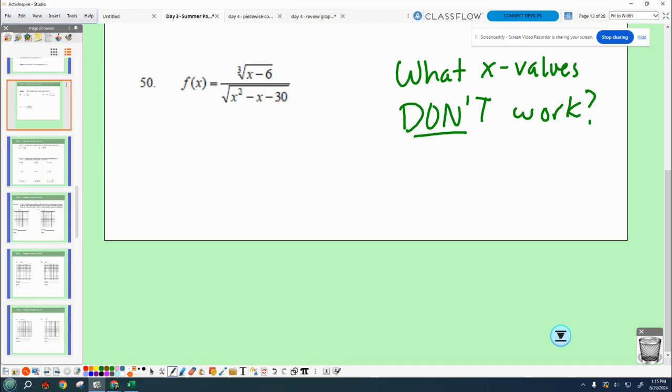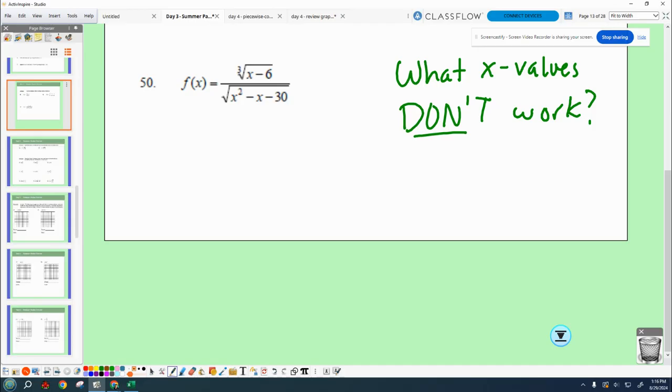But I can square root. This is crazy, right? We didn't ask you anything like this in pre-cal. Domain is just asking, what x values am I not allowed to plug in?